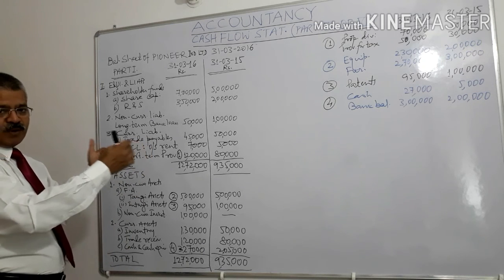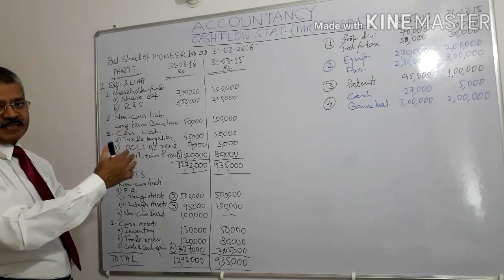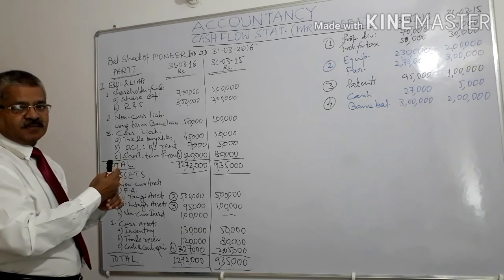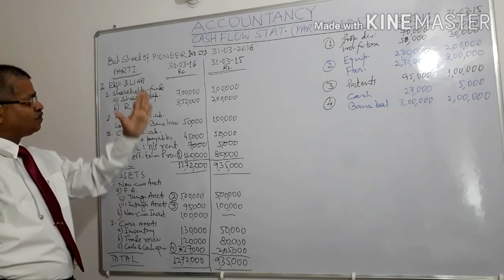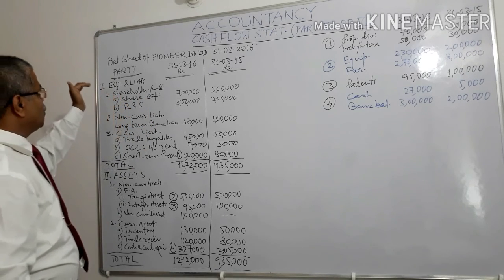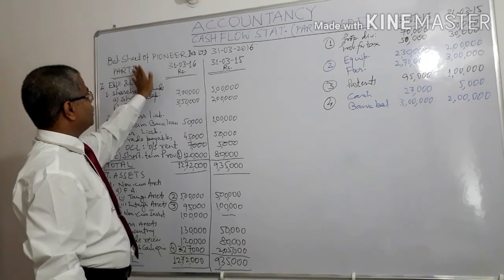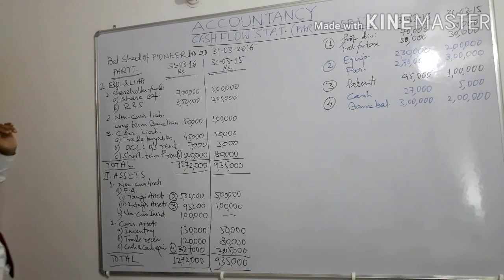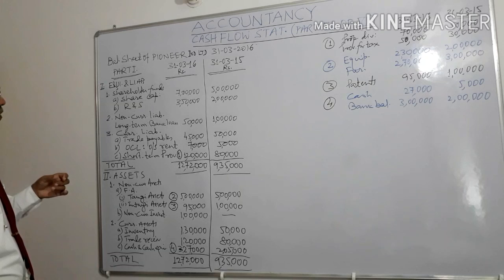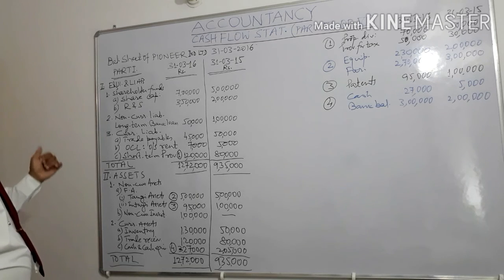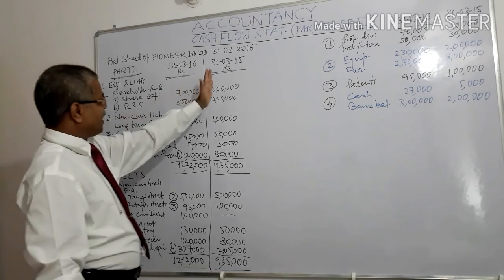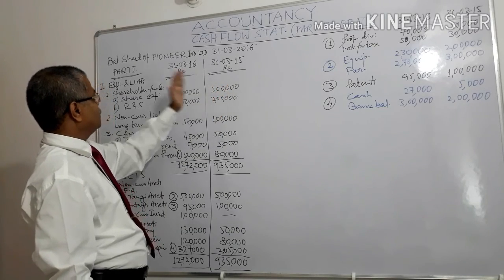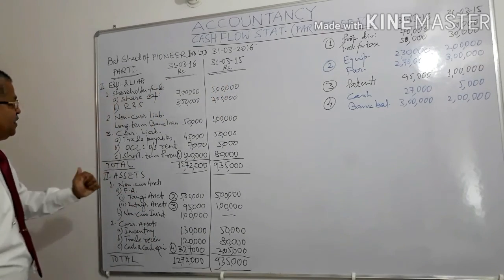What has been the inflow and outflow on account of operating activities, investing activities, financing activities, and net cash flow for Pioneer Industries Limited for 31/3/16, means for the year 2016. So on the right column 31/3/15 figures are there, on the left 31/3/16.